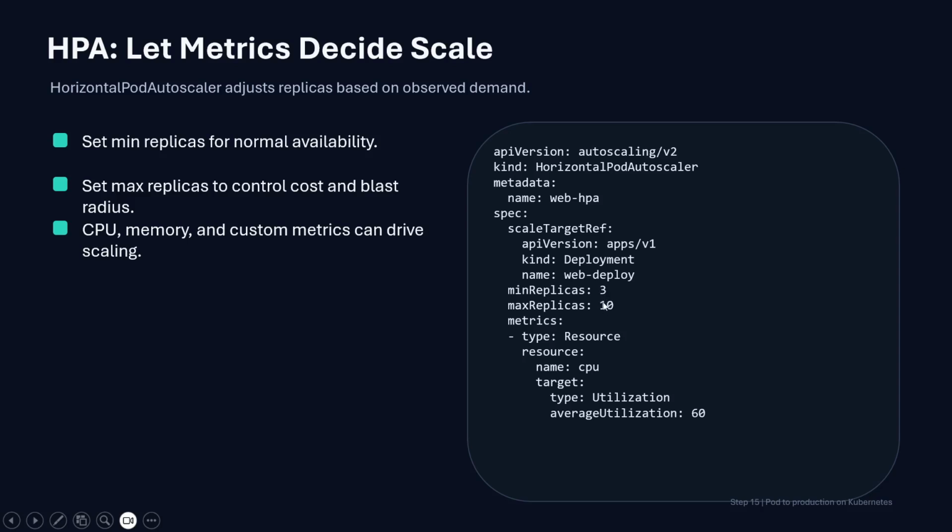That means it will always maintain 3 replicas all the time. If my CPU utilization is more than 60%, then it will automatically scale out the pods, or it will add new pods to maintain the threshold value.